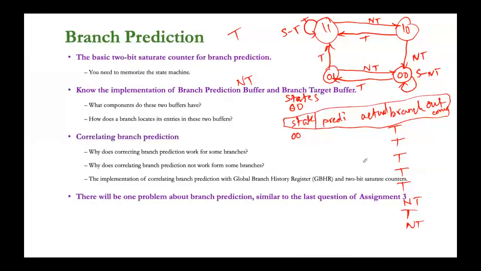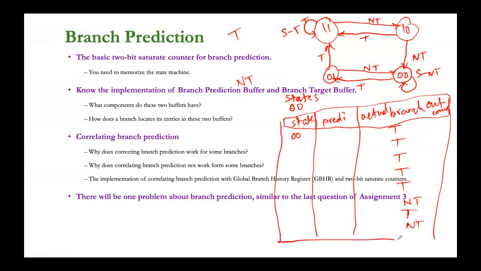Now we need to do the prediction here, and you need to find out the states also. First, initially it is the 0 0 state, and the outcome is taken.